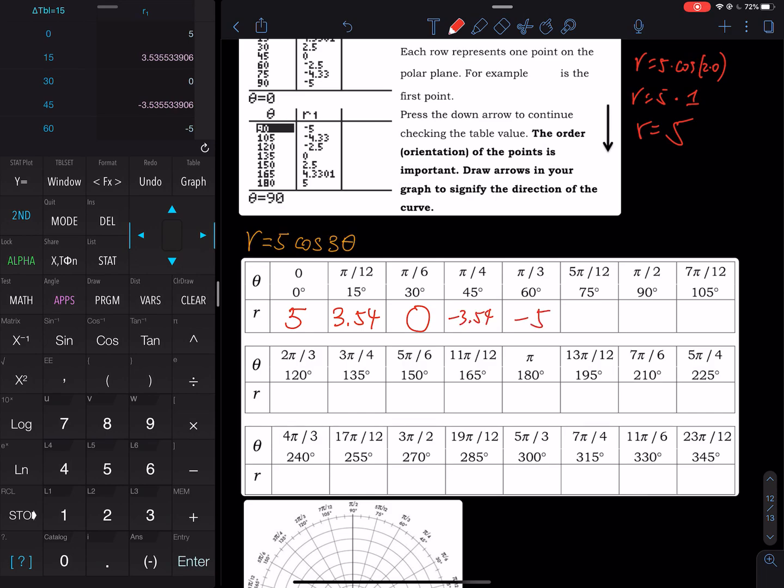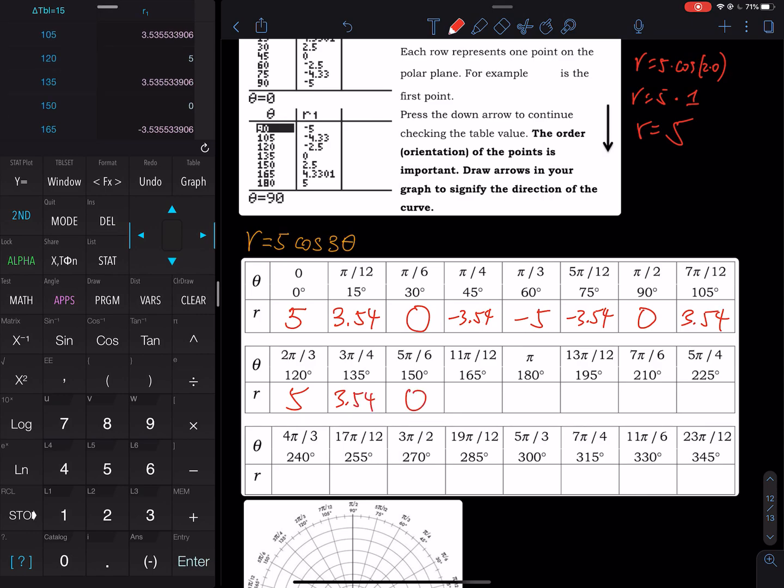If you want to see the rest, you hit the down arrow. 75, you have negative 3.54, and then 90, you have a 0. 105, you have a 3.54. 120, you have a 5. 135, 3.54, and then 150, 0.